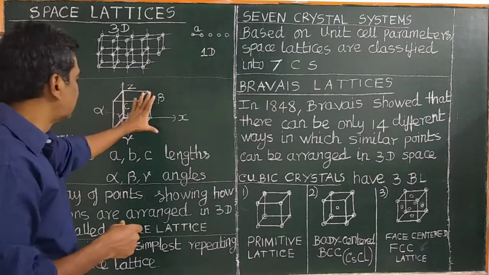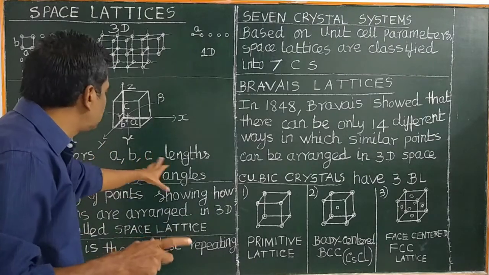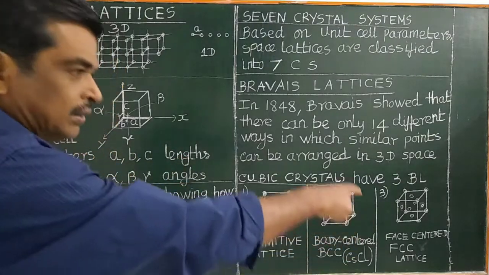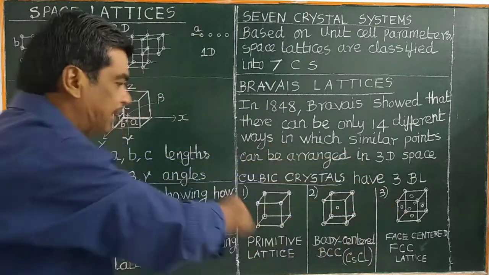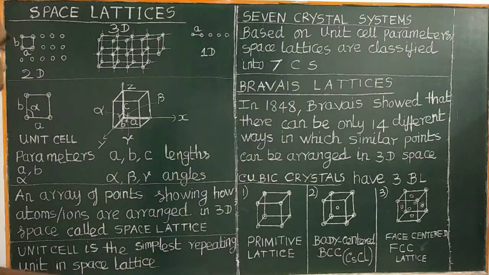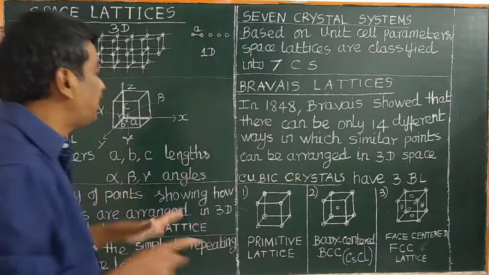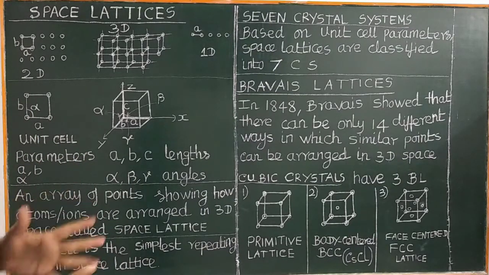For a cubic unit cell, A equals B equals C, that is, length equals breadth equals height, and alpha equals 90 degrees, beta equals 90 degrees, gamma equals 90 degrees. The triclinic is the least symmetrical unit cell.